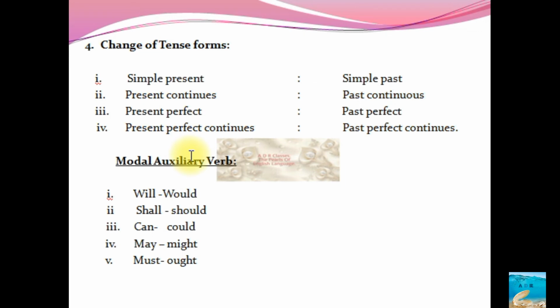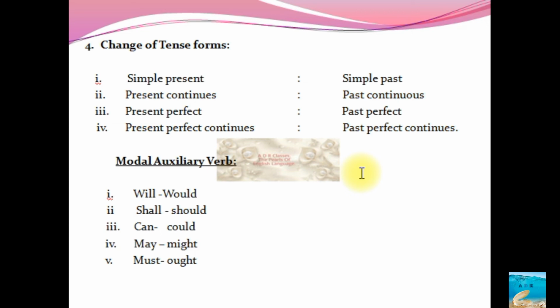In order to simplify it, I may tell you that am, is, and are become was and were. I have not typed that, I am making things easier for you. Do, does become did.